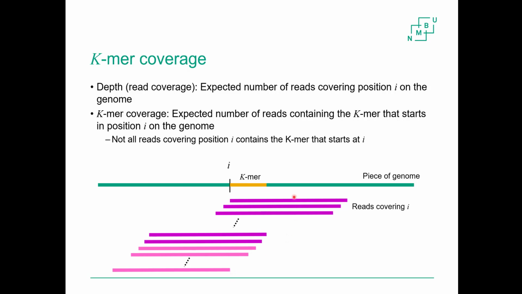And of course, we know that in total there are capital L different possible reads that can cover this position. But we saw previously that not all of these contain the k-mer, only L minus K plus 1 of them can cover I and at the same time also have this k-mer. So these down here are the ones who cover I but don't contain the k-mer. So fewer reads contain the k-mer here.